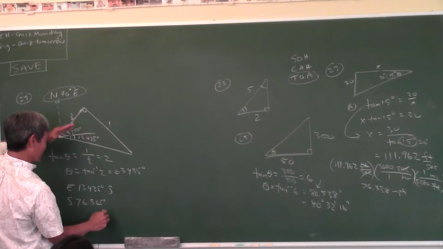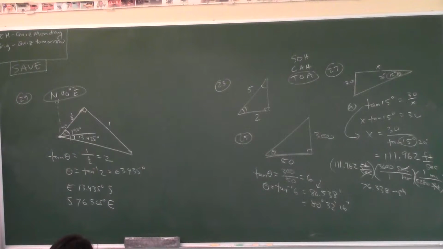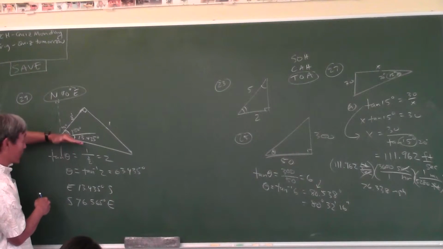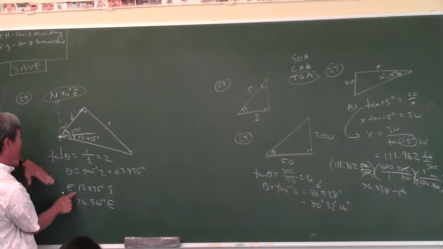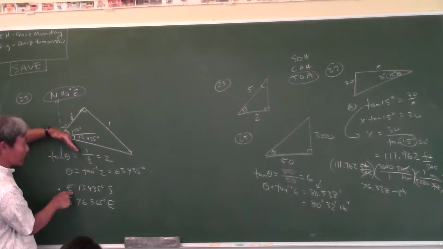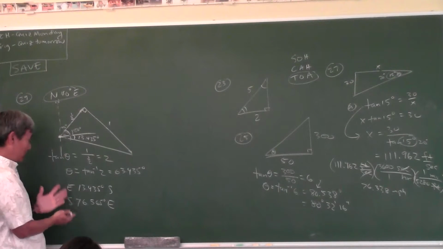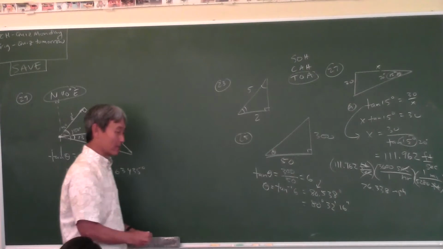From the south, you go east, like that. Well, that's not what it said. Just look. You can either measure from the south and go east, then this would be the answer, or you can measure it from the east and go south. Either one of those is correct. It doesn't matter.